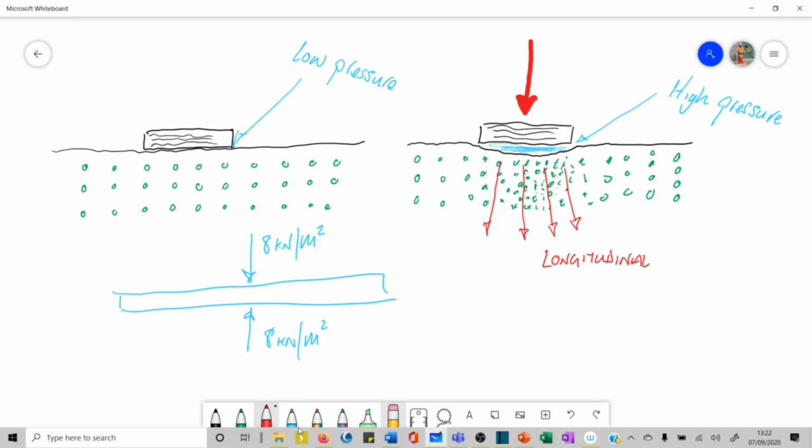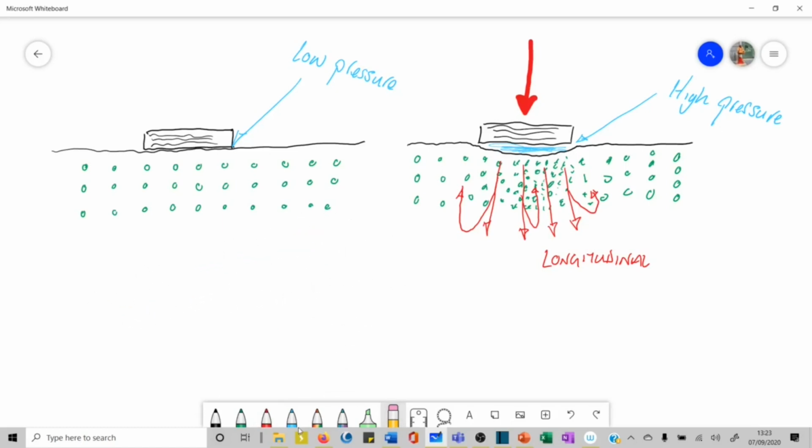Now at this stage, the molecules themselves start to return back to where they belonged, where they were in the first place. Okay, now let me just get rid of this bit here. Let's label this correctly.